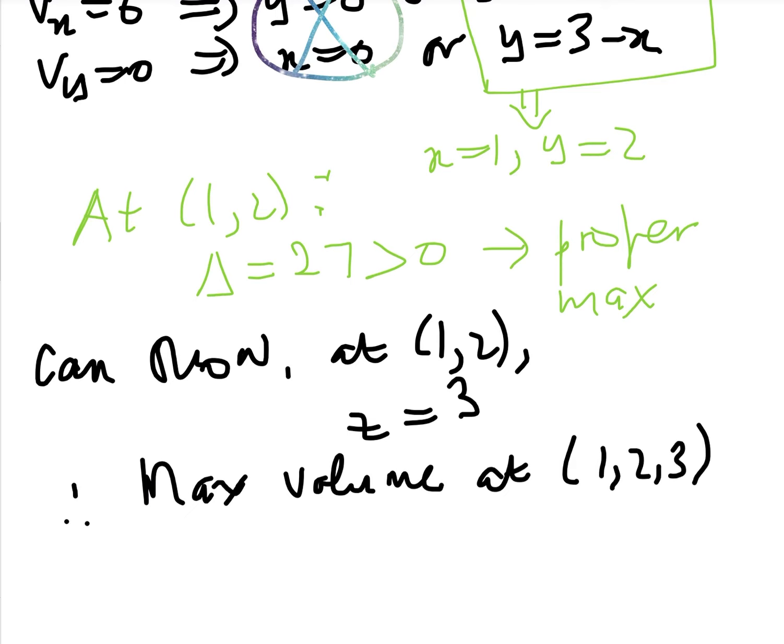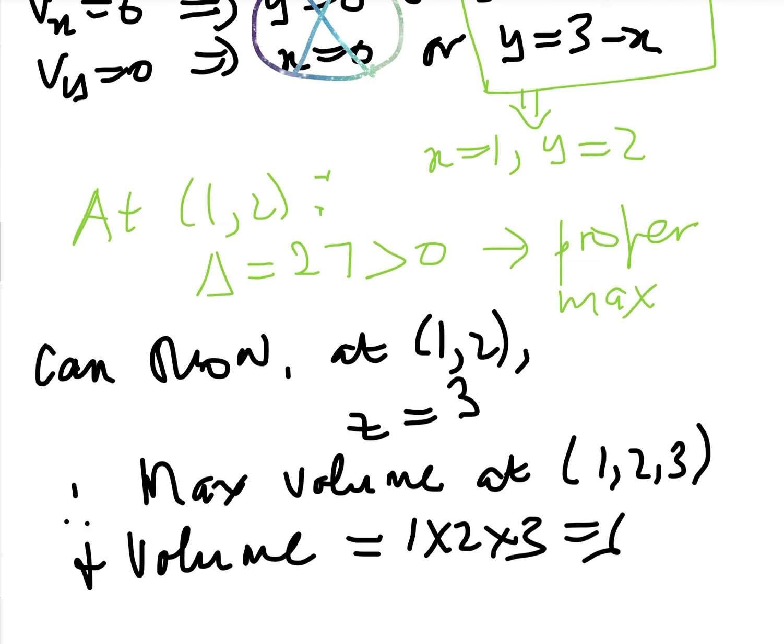So the box will have dimensions x equal to 1, y equal to 2, z equal to 3. If you want to calculate the volume, it is x times y times z, and the maximum volume at these values is 1 times 2 times 3, which is equal to 6 in some cubic units.